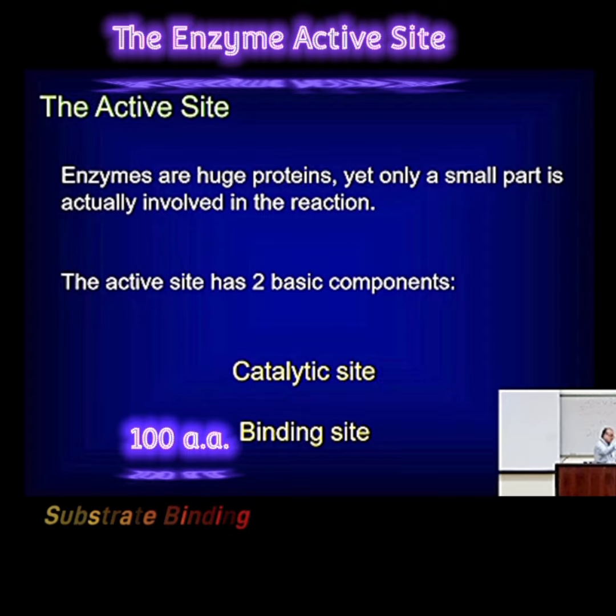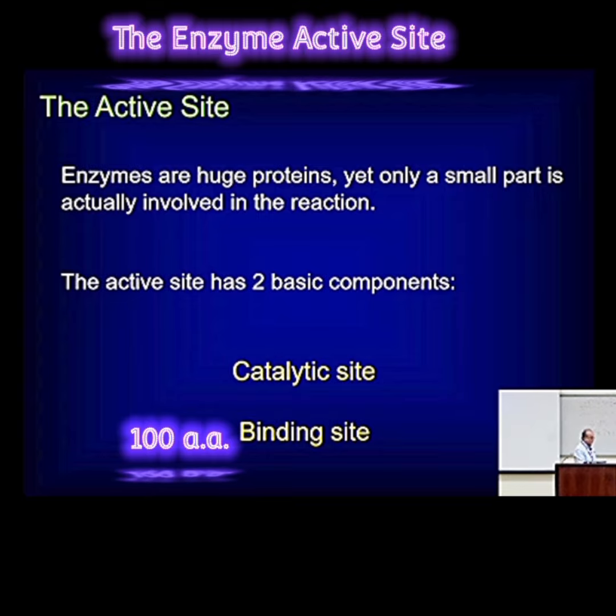But remember, this is part of the tertiary structure. So these amino acids may be from different parts of the protein after it has folded. They line the pocket where the substrate is going to fit in.